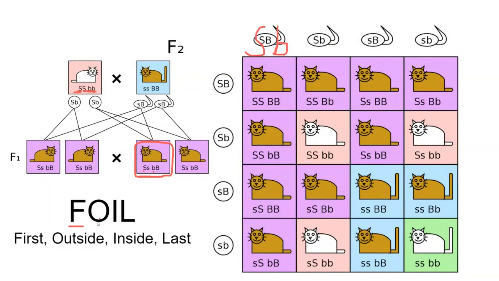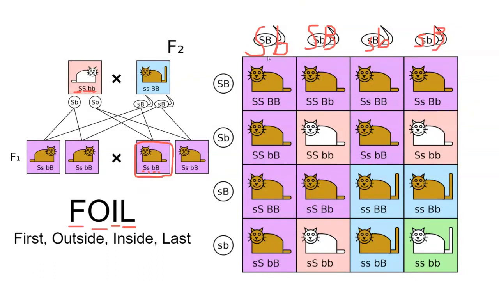And then the outside is going to be capital S, capital B. Then the inside is going to be lowercase s, lowercase b. And the last is going to be lowercase s, capital B. And that's what they did.